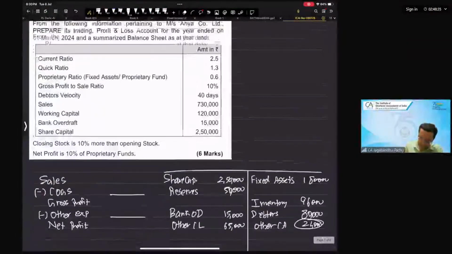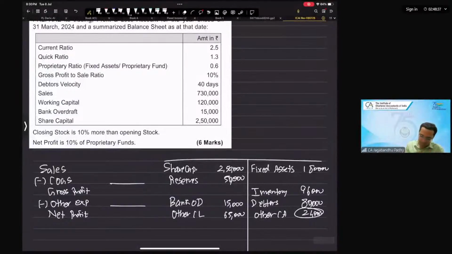Okay. Finally, coming to sales, they say net profit is 10% of proprietary funds. Sales is anyways given, 7 lakh 30,000. Gross profit is 73,000. So 7 lakh 30 minus 73,000, which is 6 lakh 57,000.